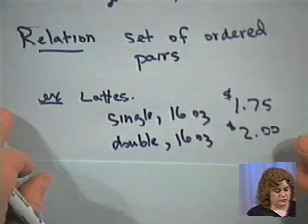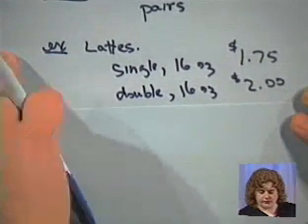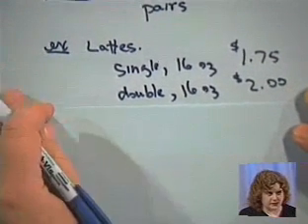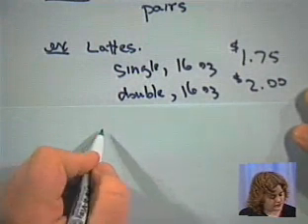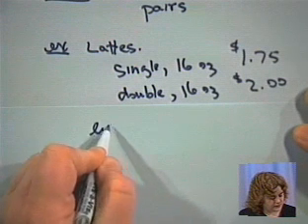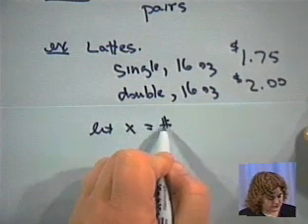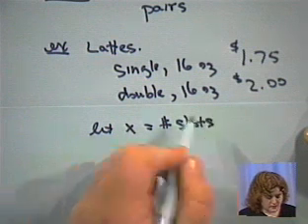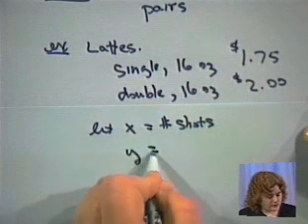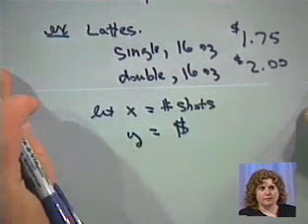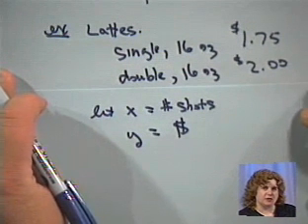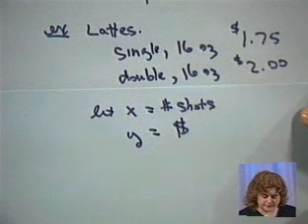If we were to let x be the number of shots of coffee that you have in your latte, you're going to choose that. Then our y would be how much money we pay. The amount that we pay depends on how many shots of coffee we choose to get.